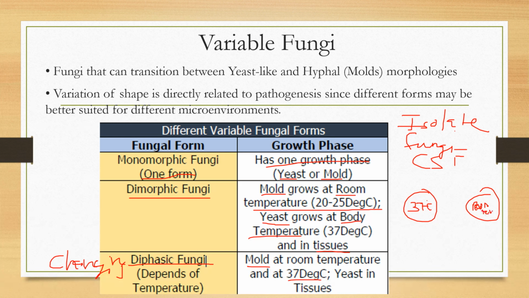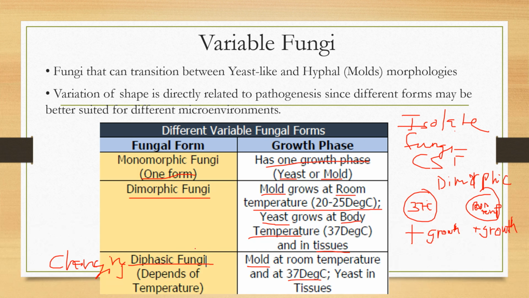So room temp. Upon noticing, both would have positive growth. Both would have positive growth. From there, you could already identify, class, that the fungi you isolated is dimorphic.